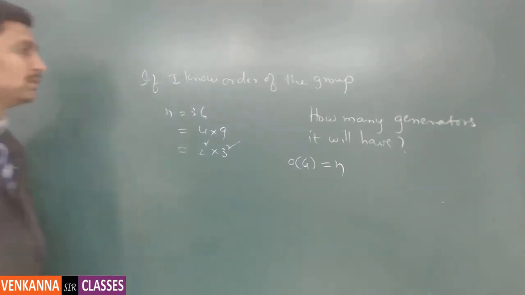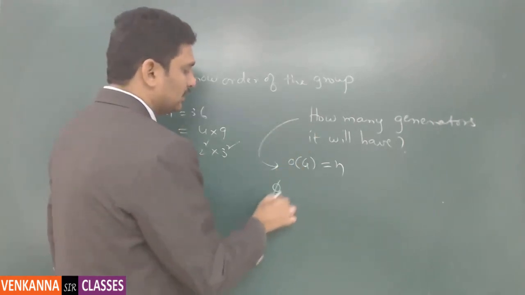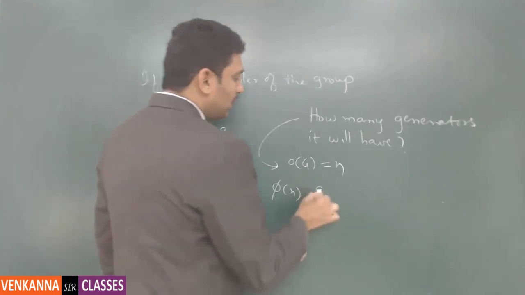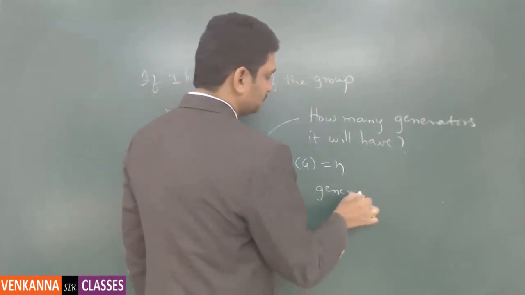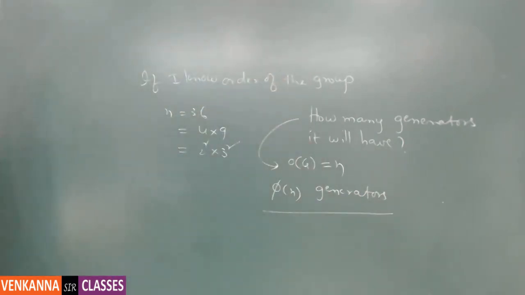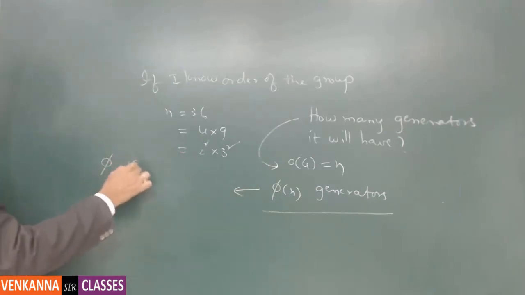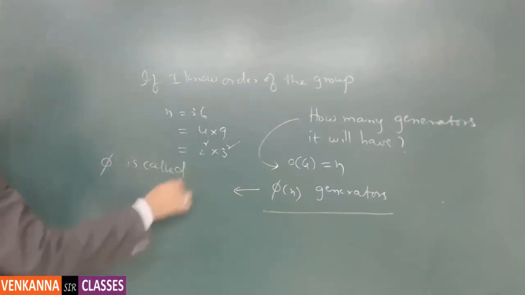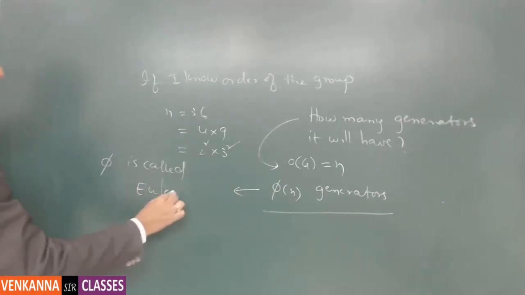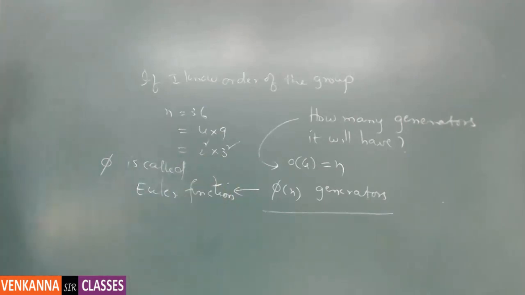So here there is a formula for this: it will have phi of n generators. So what is this phi? Phi is called the Euler function. So whenever a number n is given, how to calculate phi of n?